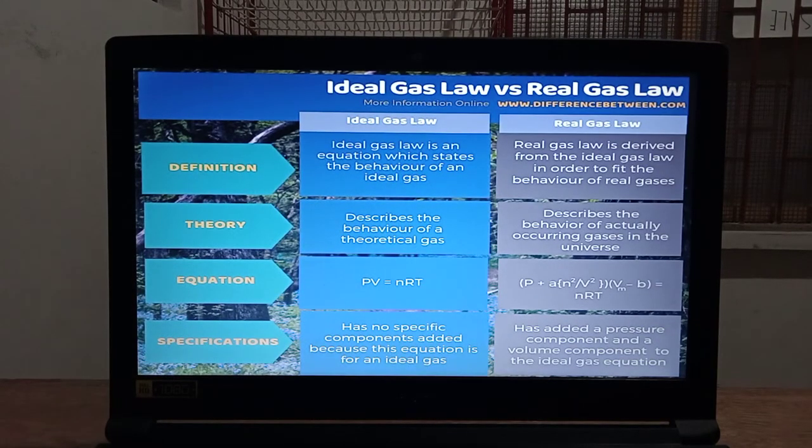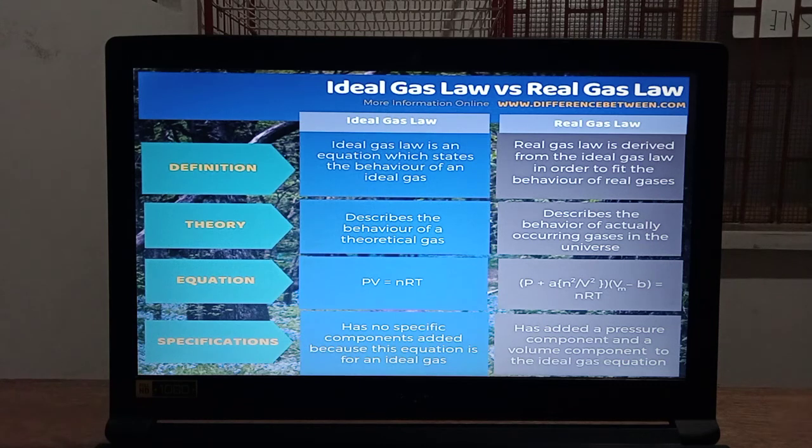Here are the differences between the ideal gas and the real gas. First, the definition.